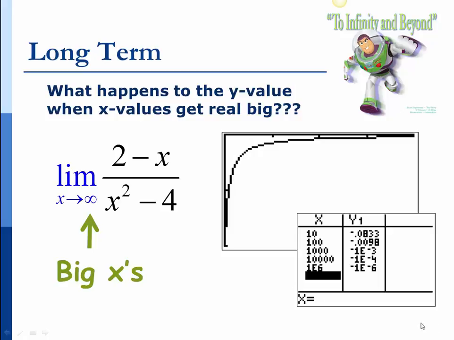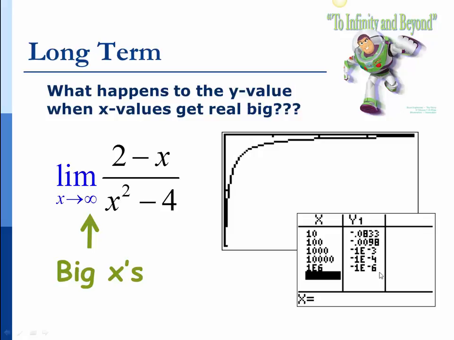Numerically, we can see this happen as well. As I plug in larger numbers, I plug in 10, 100, 1,000, 10,000, a million. Just remember your calculator's not going to show you all 6 zeros, it's going to show you some scientific notation with an E6 kind of thing. And so what's happening to our values here?